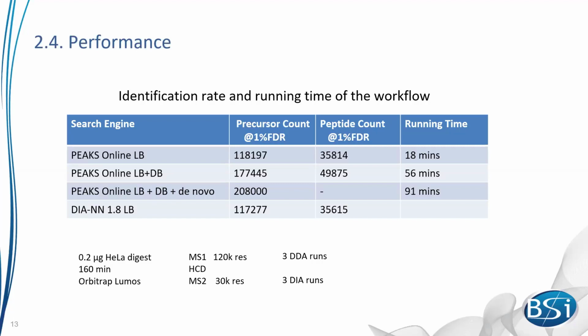So you can see this integrated workflow not only brings a very high identification rate, but also ensures that the running time is within the machine time. And from the data, you can see this workflow can double or even more than double the identification rate compared to just using a single identification method.